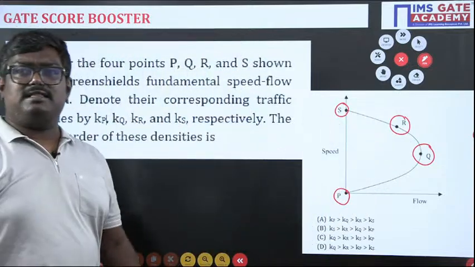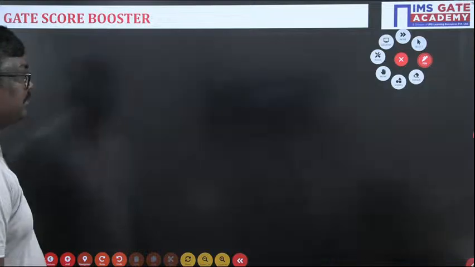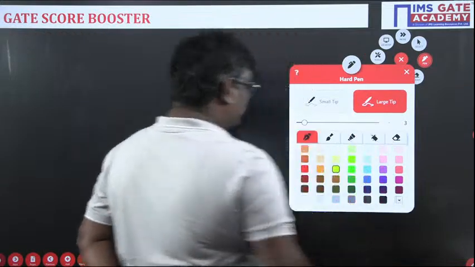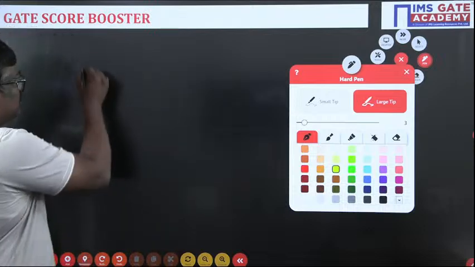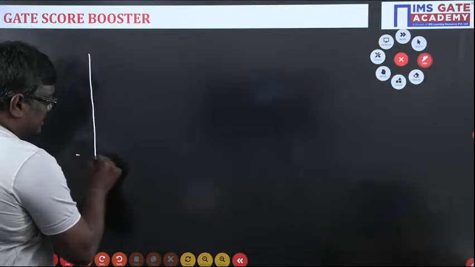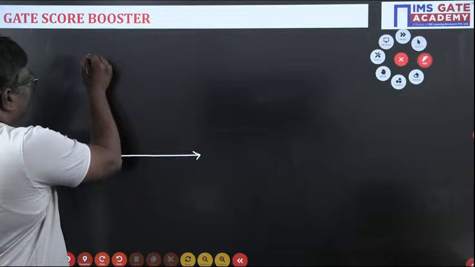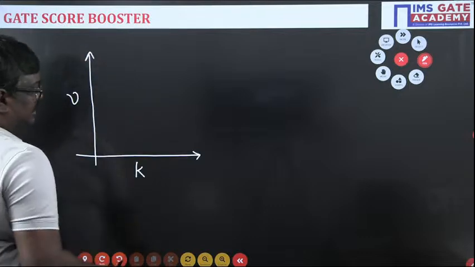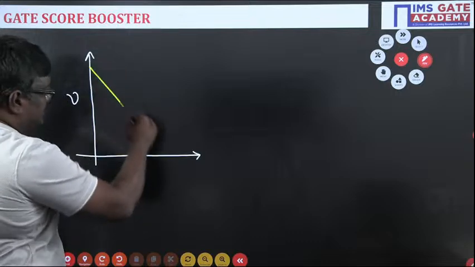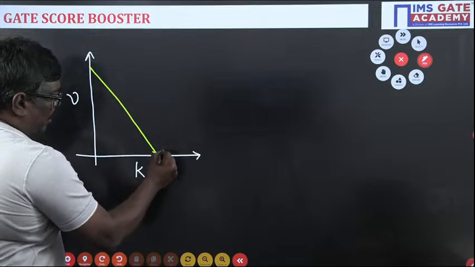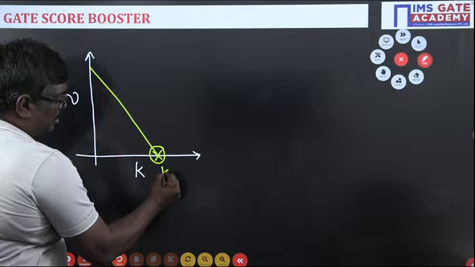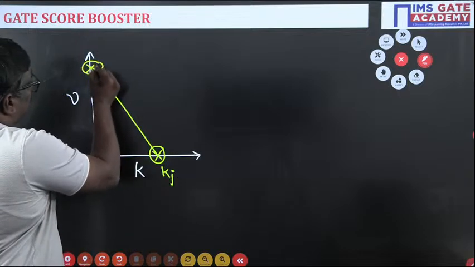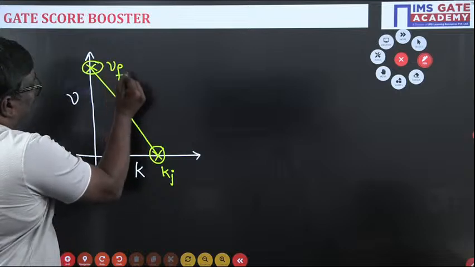So whenever these kinds of questions are asked, here see students, if I consider this as a graph between speed and density, this point is called Kj, and this point is known as Vf.